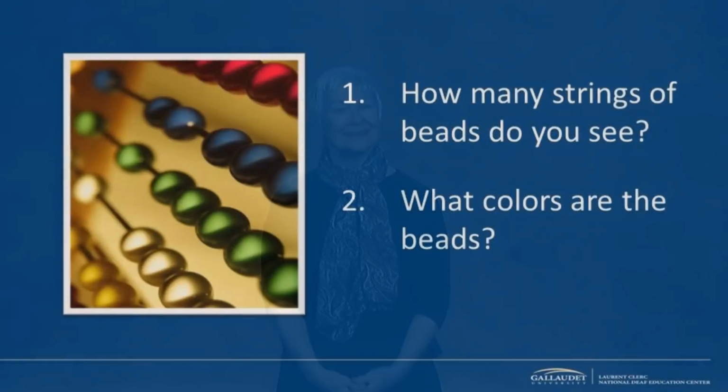Third, we're going to discuss how to reduce split attention. Well, if you look at this slide, you may feel better and understand why you may not have been able to memorize what the beads look like, what color they are, or how many there were.